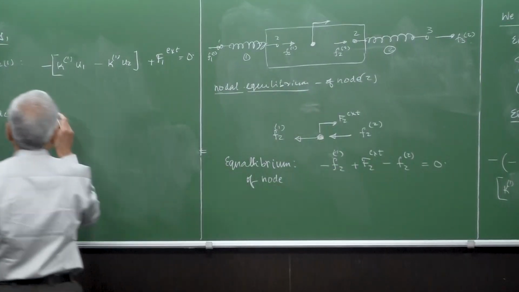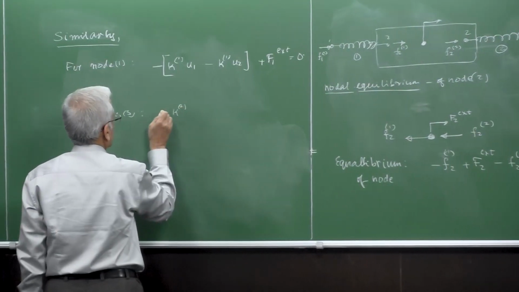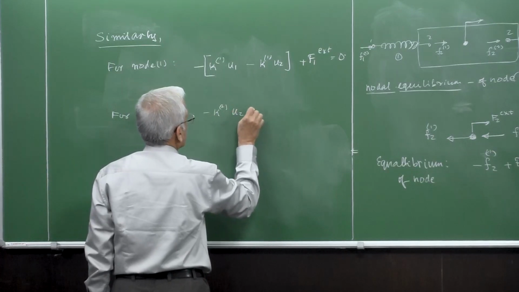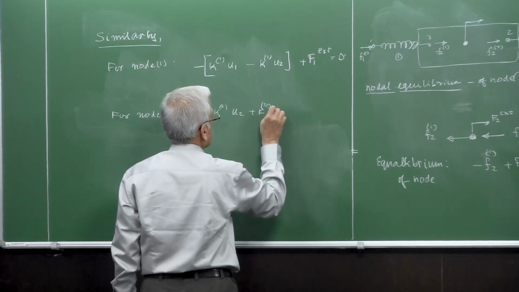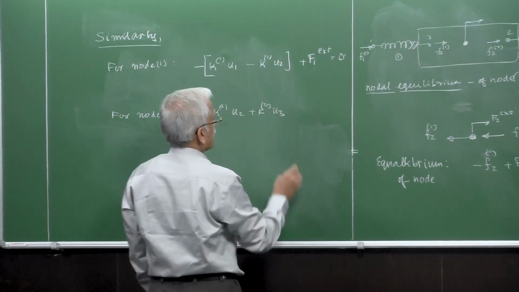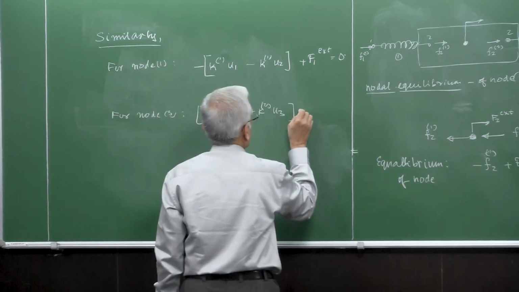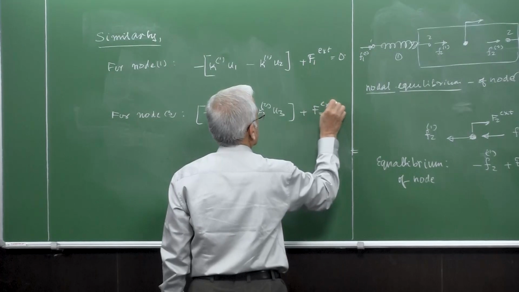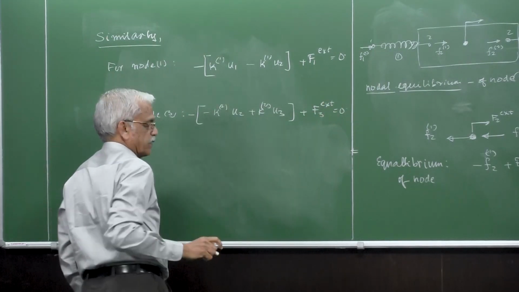So it is minus K2 times U2 plus K2 times U3, plus F3, with a negative sign here.